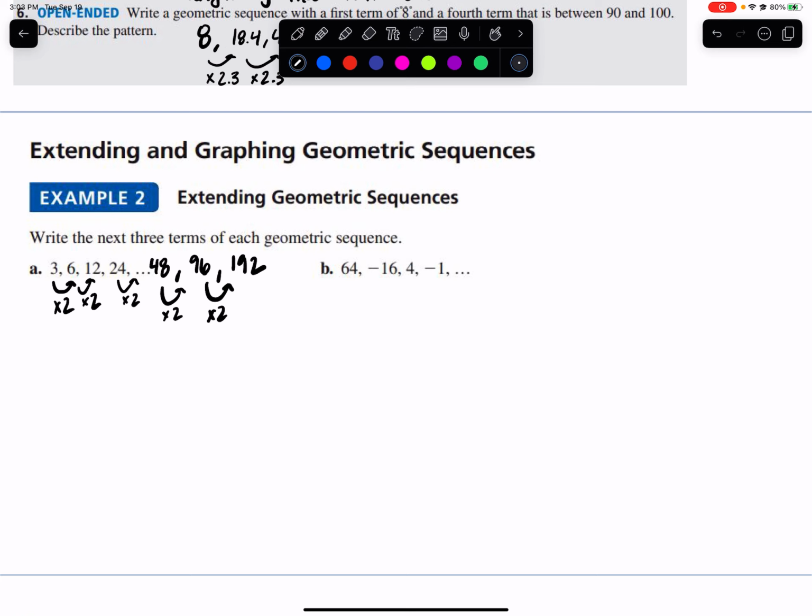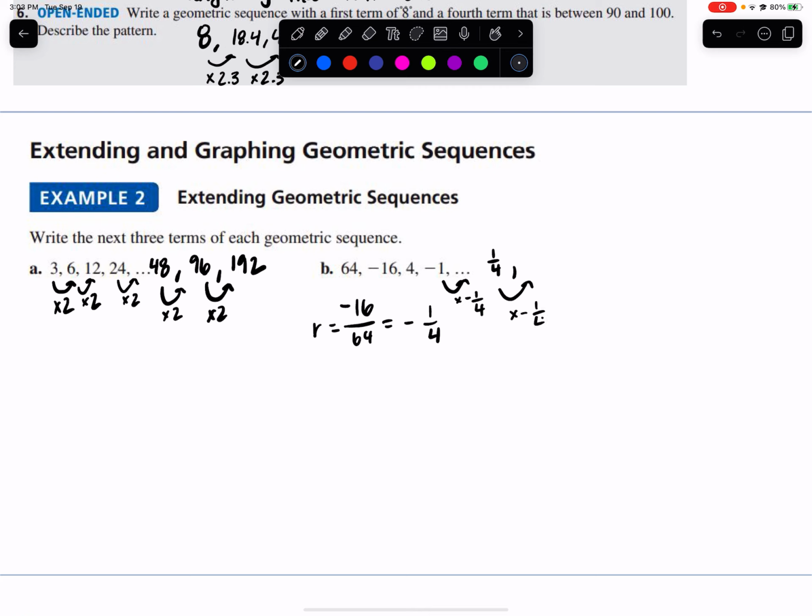All right, B is a little wonky, so you might not immediately be able to see the common ratio. So what we're going to do is we're going to do negative 16 divided by 64 to find our common ratio. And we're going to get that that's negative 1 over 4. All right, so multiplying by negative 1 over 4. Negative 1 times negative 1 over 4 is positive 1 over 4.